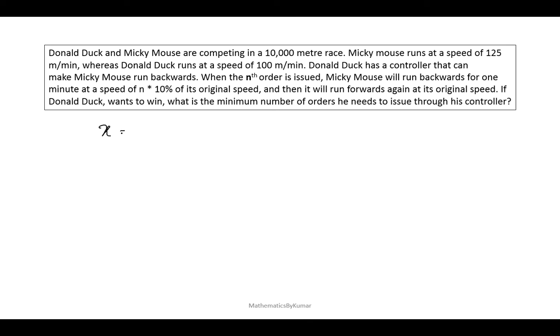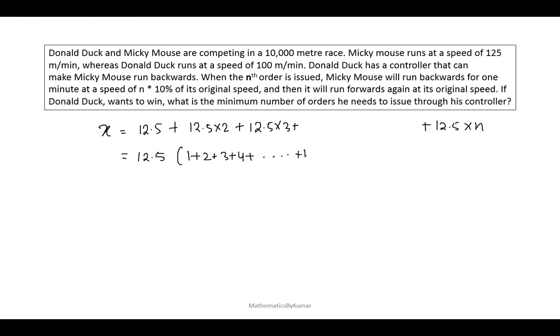So first he's going 12.5 meters back, then he's going 25 meters back. So let me write that as 12.5 into 2, then 12.5 into 3, all the way up till 12.5 multiplied with n. I can take this common, and this comes out to be 1 plus 2 plus 3 plus 4, all the way up till n.